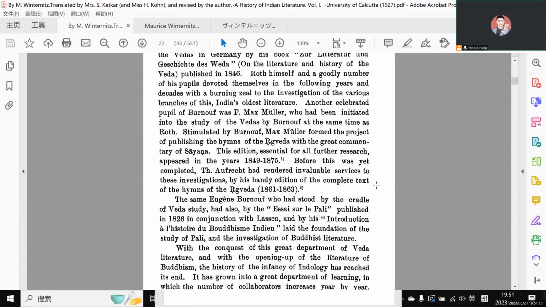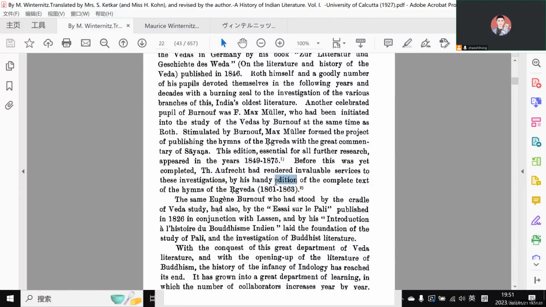And next, yes, this guy, Theodor Aufrecht. The most important thing he has done is the edition of the Rig Veda.